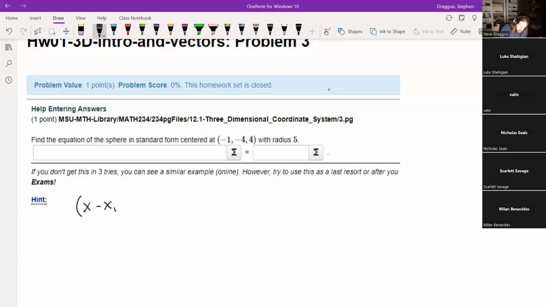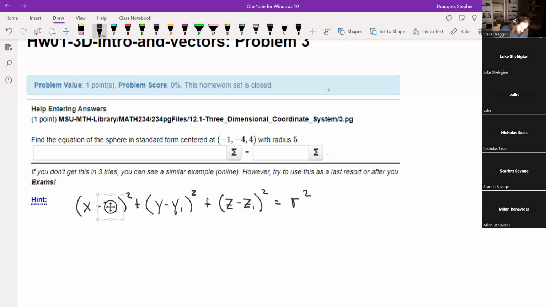So we want (x minus x1) squared plus (y minus y1) squared plus (z minus z1) squared, and all that is equal to r squared.